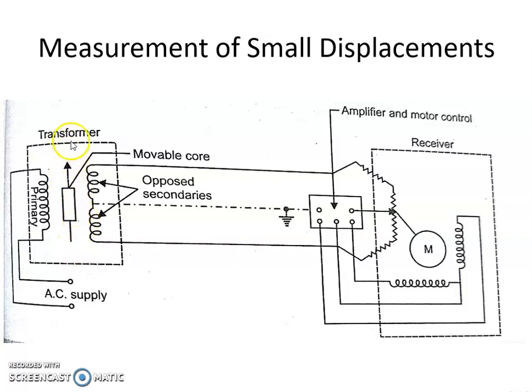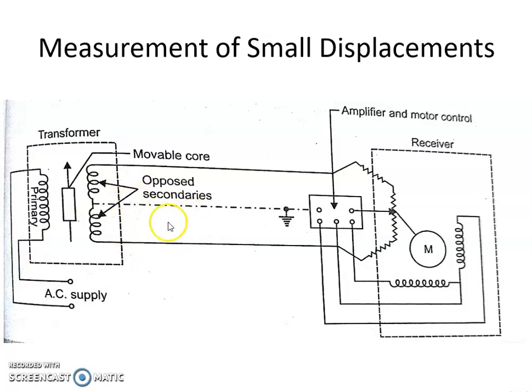Suppose the linear displacement is in the downward direction. In that case the core will move downward, and more of the core will be linking with the bottom secondary winding than the top secondary winding. Therefore, the voltage induced across the bottom secondary winding will be more than that across the top secondary winding. In that case, the net secondary voltage V1 minus V2 is more in the bottom secondary winding direction.